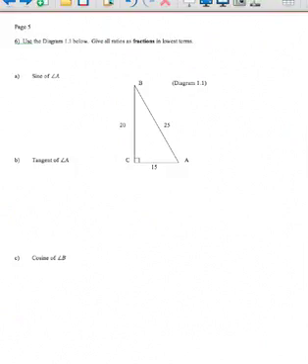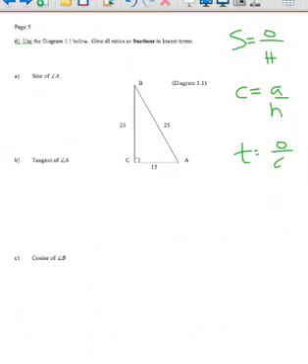Page 5 starts working on a lot of the work that we did in sections 10.7 and 10.8 using sine, tangent, cosine. As I've stated in the past, sine equals the opposite over the hypotenuse. Cosine equals adjacent over hypotenuse, and tangent equals the opposite over the adjacent.